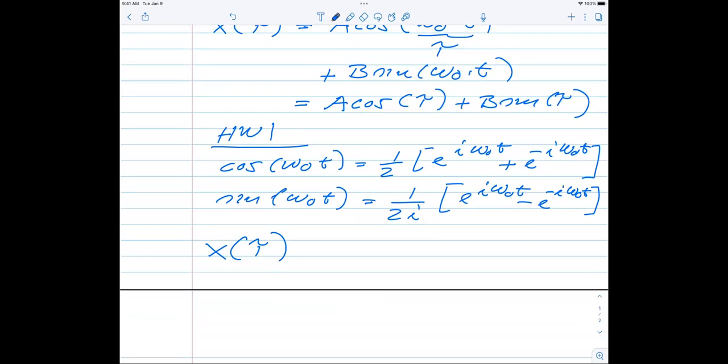This is something which I can rewrite as a new constant c times e to the i tau plus a new constant d times e to the minus i tau. So how can I do that?